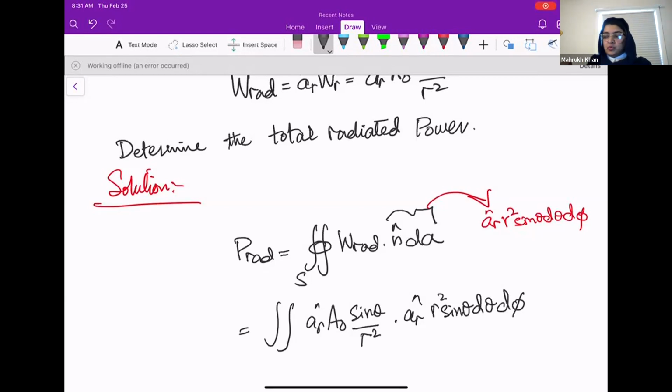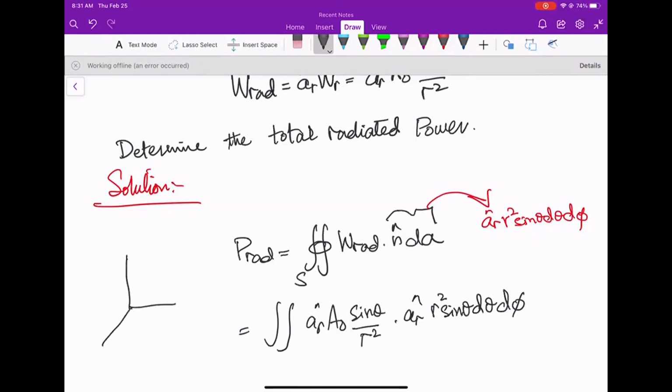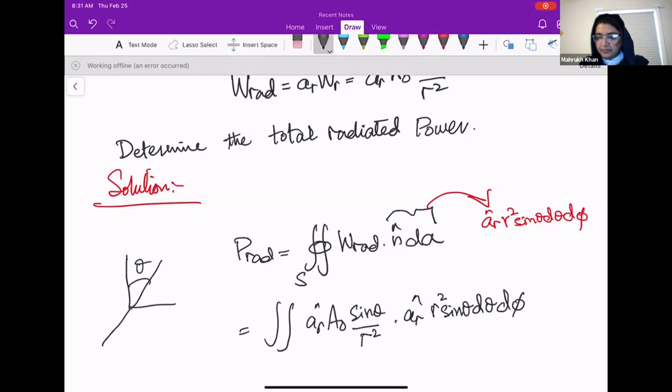So you are saying for theta, we will put 0 to 2 pi, and then the other one would be 0 to pi? When you say theta, you mean the component that is making the angle with z, right? Yeah. Okay.